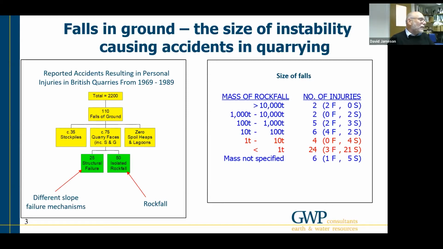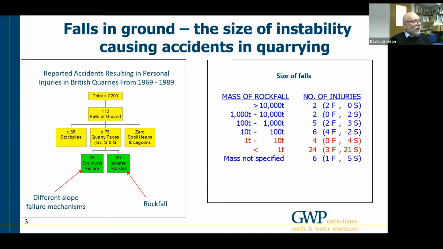And from the rock faces, you can see that 2/3 were from rockfall incidents, which essentially are small blocks of rock detaching from the face. And we're talking about blocks of less than 10 tons, often less than 1 ton. And you can see on the box on the right hand side that the small failures often lead to the greatest number of fatalities and serious accidents on quarries.